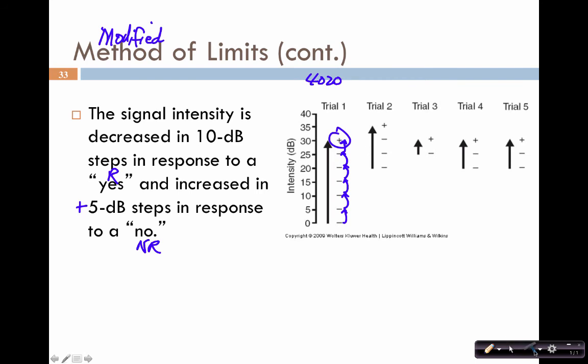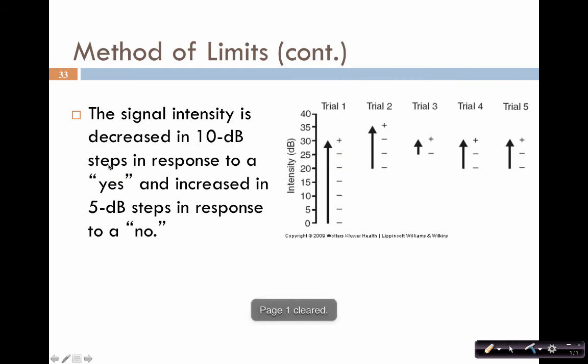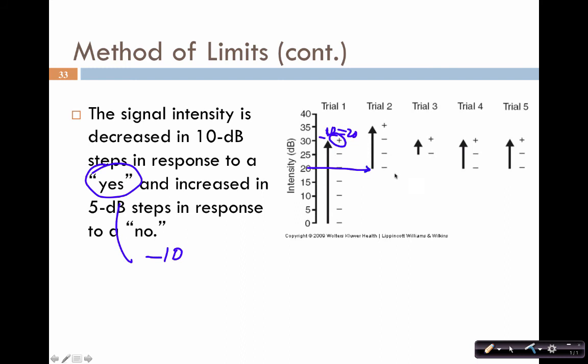So what did we say a moment ago we do? Once we get a yes response, what do we do? We decrease it on the next trial by 10. So where do we have a response? We had a response at 30, minus 10 gives us 20. So our next presentation should be at 20.